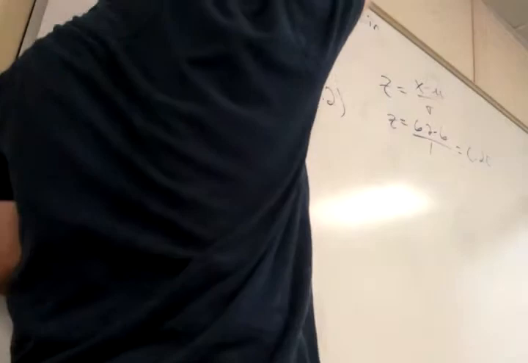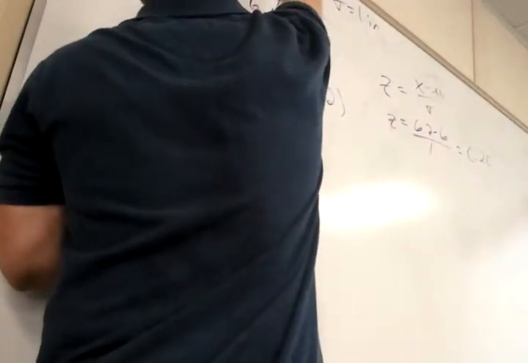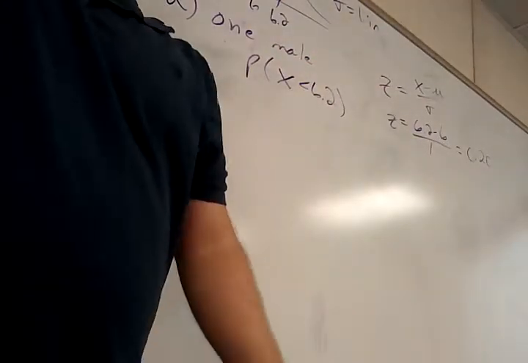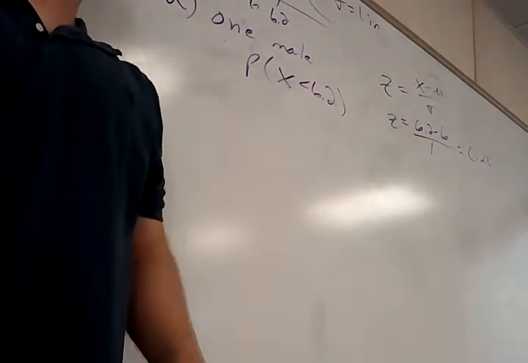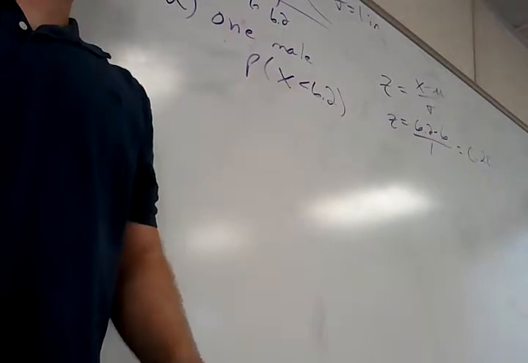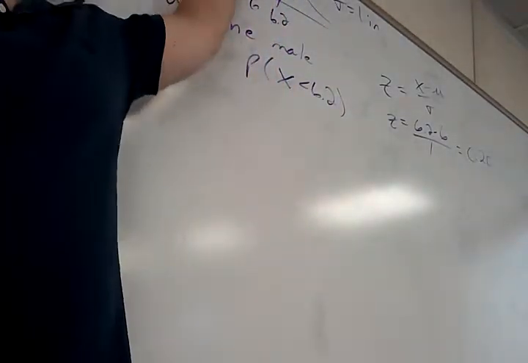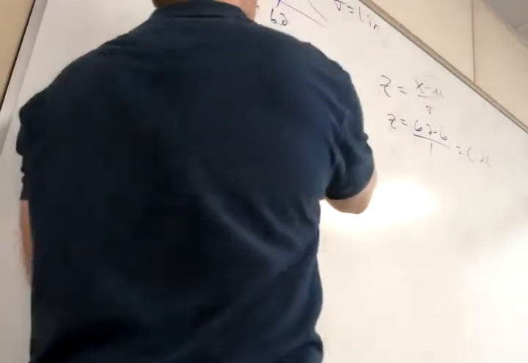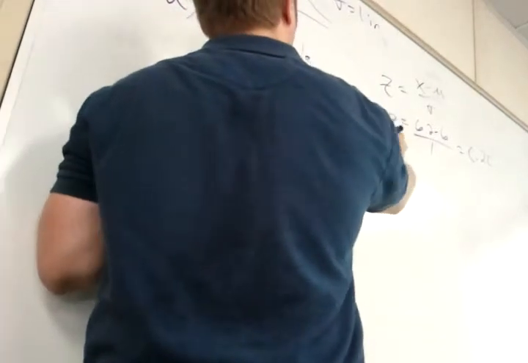Did we find the area that we need? Yes, thank God. So there's roughly what chance that some dude's head breadth is going to be less than 6.2 inches? About 58%, right? So this guy is 0.5793, about 58%.